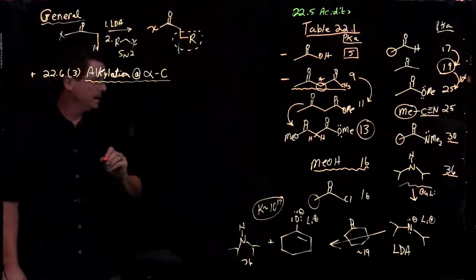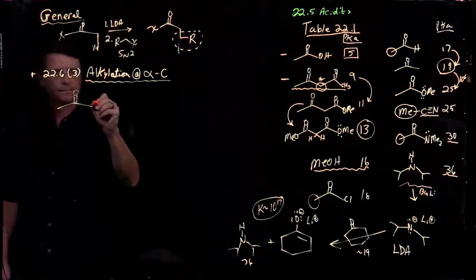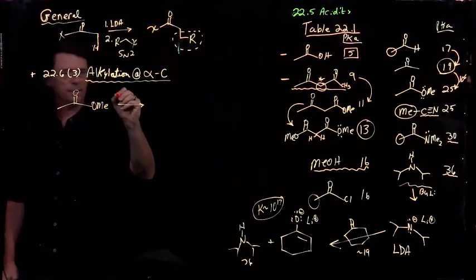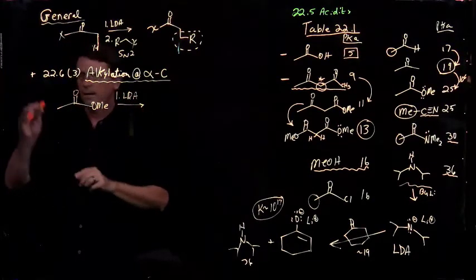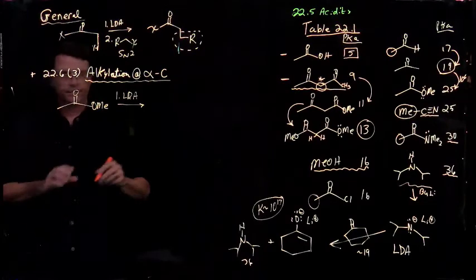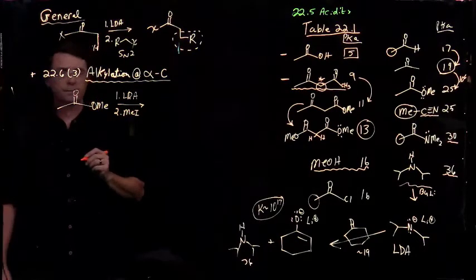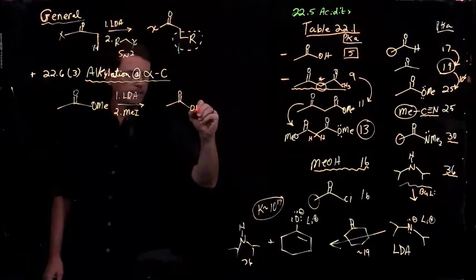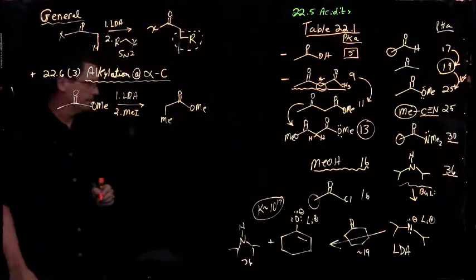All right, so now let's look at some specific examples. If we take an ester, we can treat it with LDA, and we will follow that treatment with methyl iodide for illustrative purposes, and we put the methyl group here.